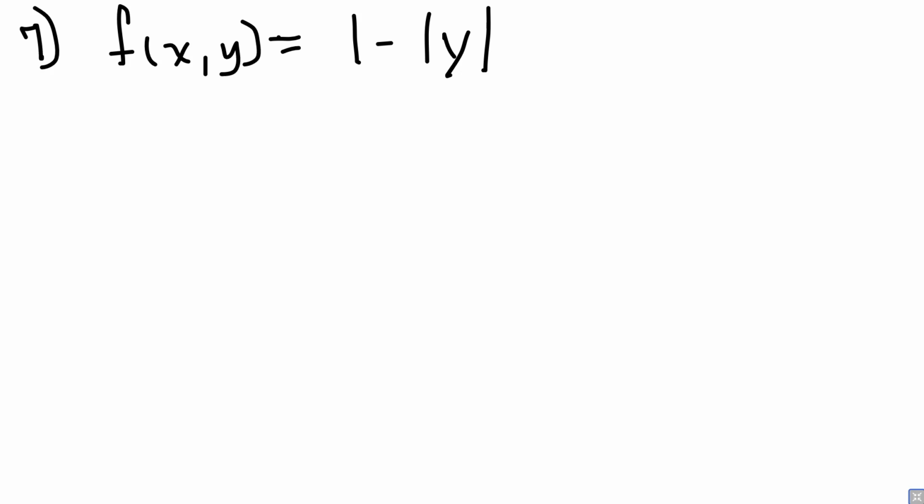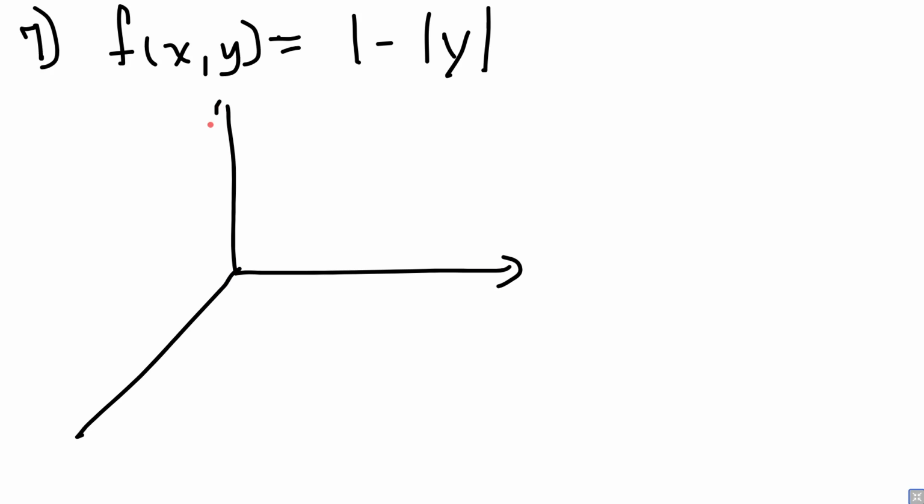So if we want to look at the graph of this, keep in mind that as far as this function is concerned, it's void of what variable? It's void of x, so that means it's going to expand along the x-axis.